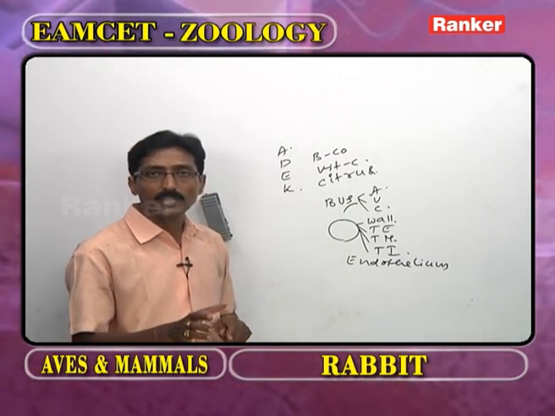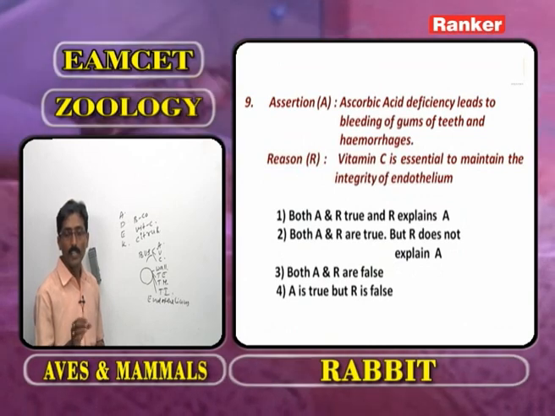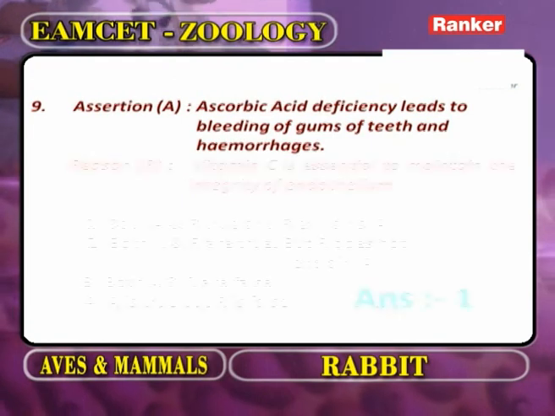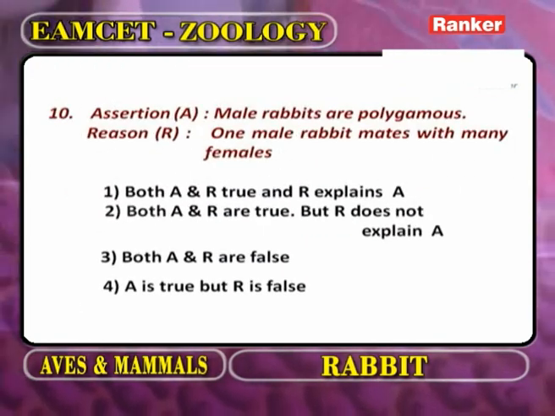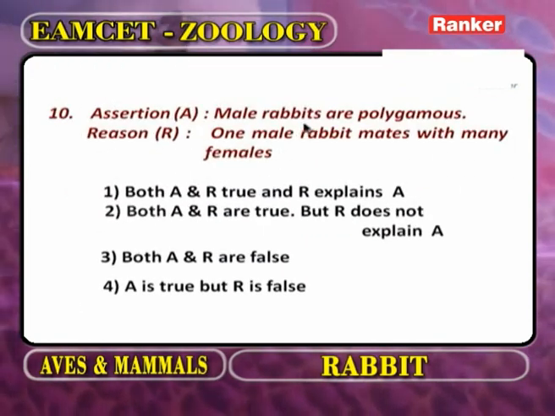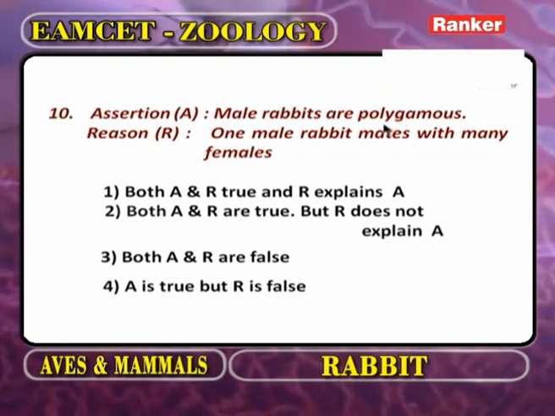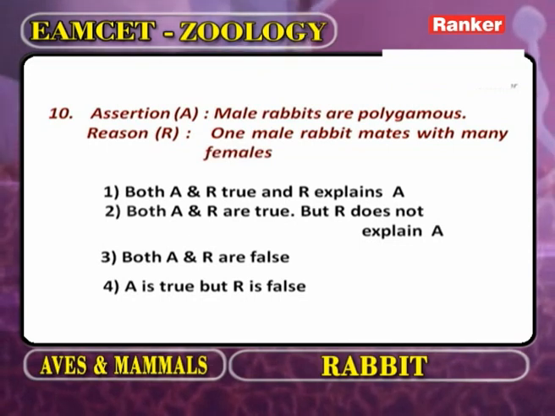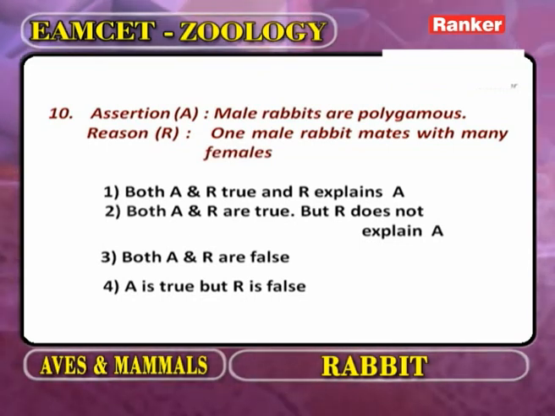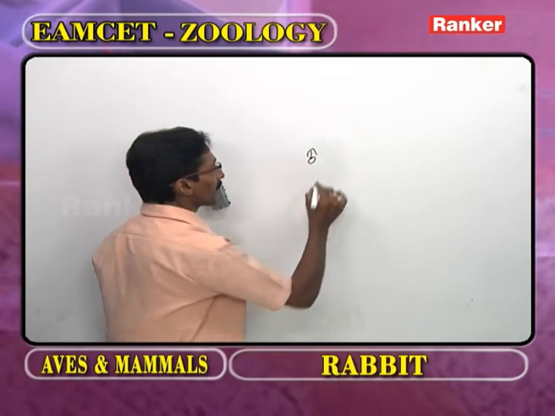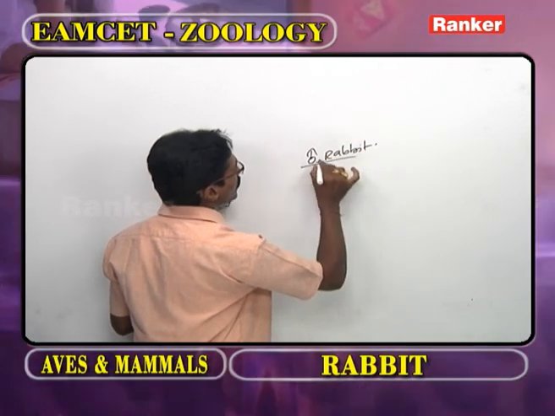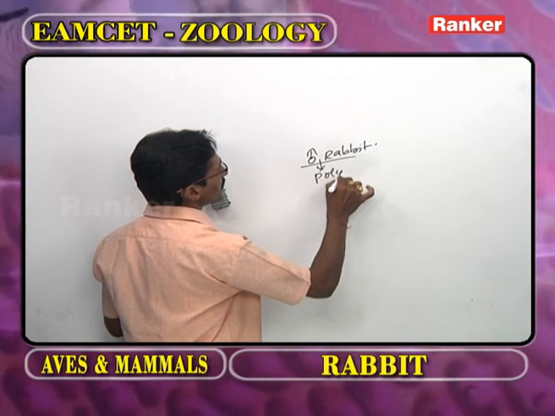Based on this information, A and R are correct and R explains A. Now we go for the next question. Assertion: male rabbit is polygamous. Now as we observe the external characters of the rabbit, this mark indicates the male. The male rabbit is said to be polygamous.